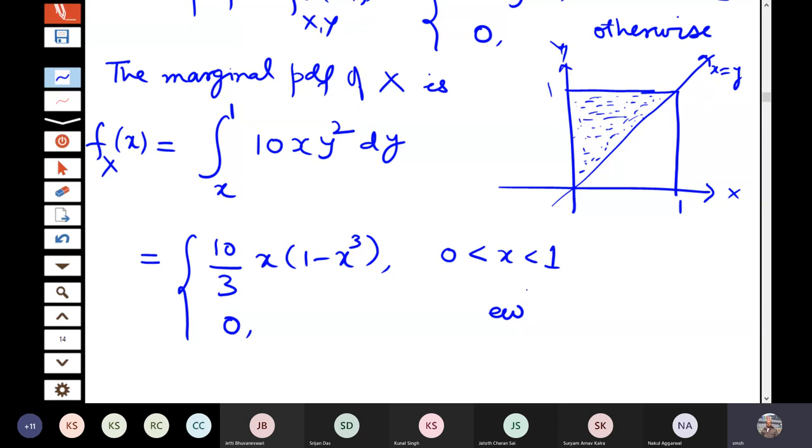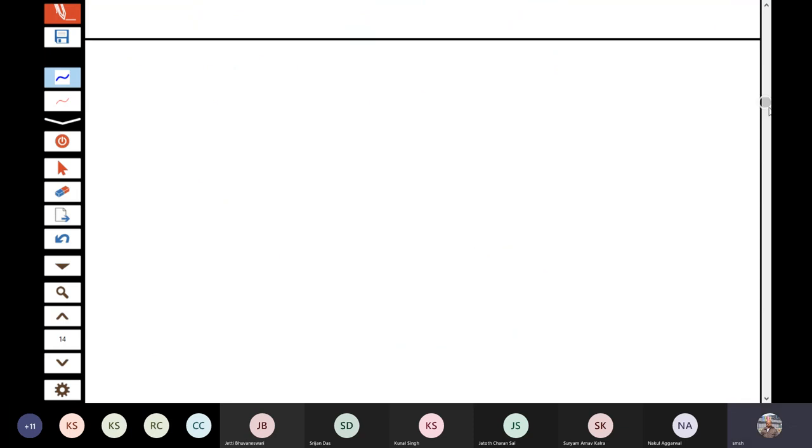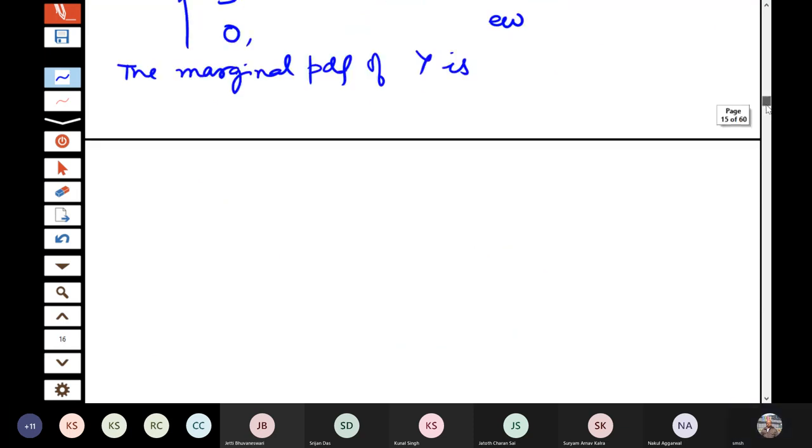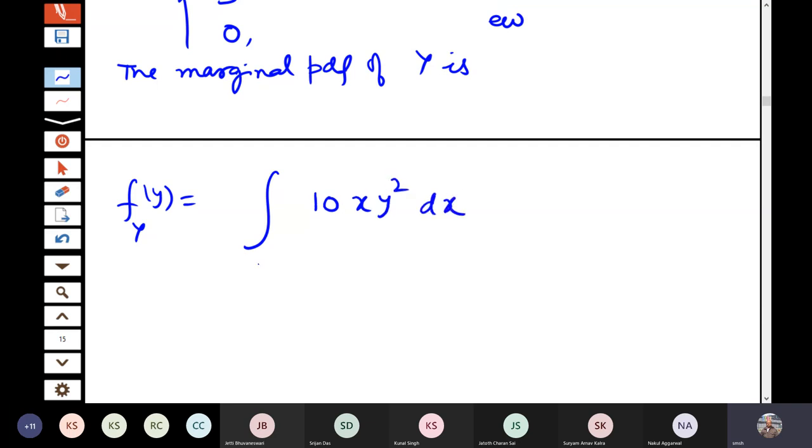In a similar way, you can calculate the probability density function of y also. So then you will integrate with respect to x. 10xy square dx, and the region of x is 0 to y.